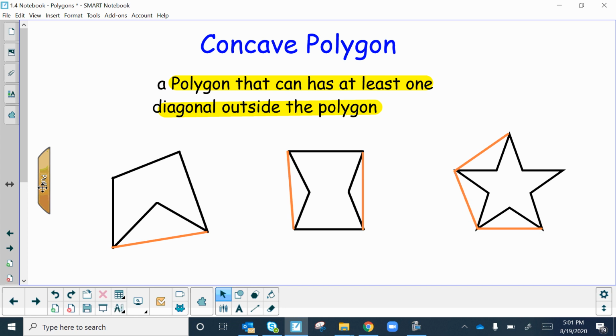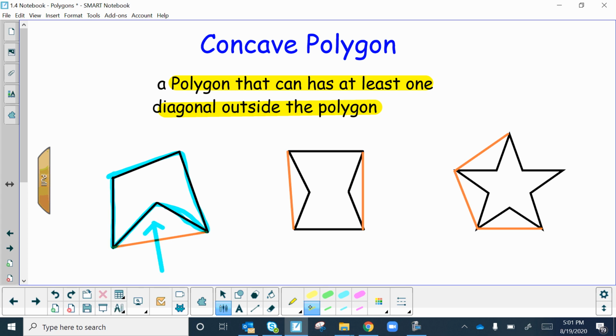So here are some examples of concave polygons. They're in black, and the orange segments are representing the diagonals, because I know it can get a little confusing. Let's see, this polygon right here that's blue. If you have that polygon and it's caving in right there, you see that?